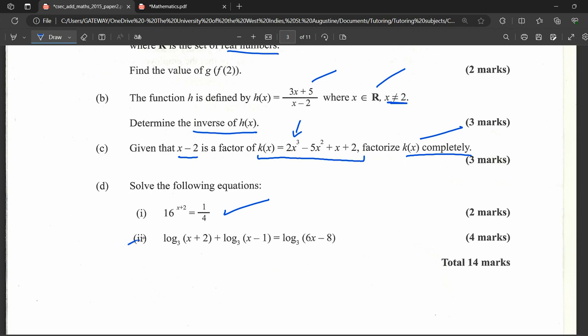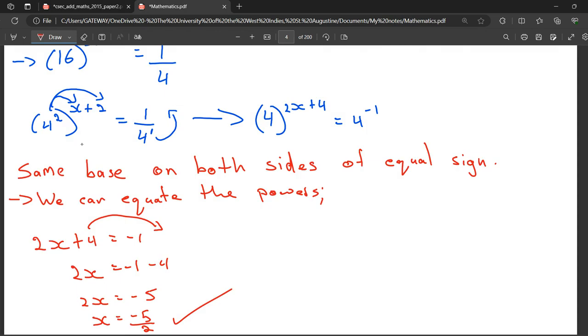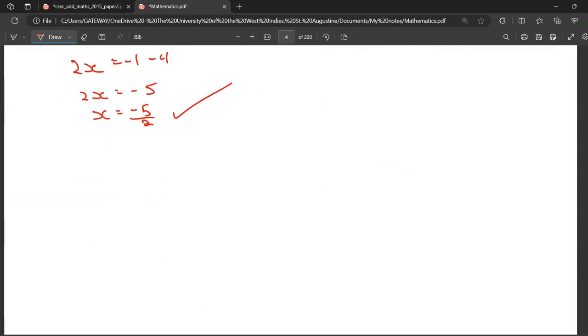And then the last part here, which is 4 marks, the log question. So we're going to write back the question here for the next part. I have to put that down here.